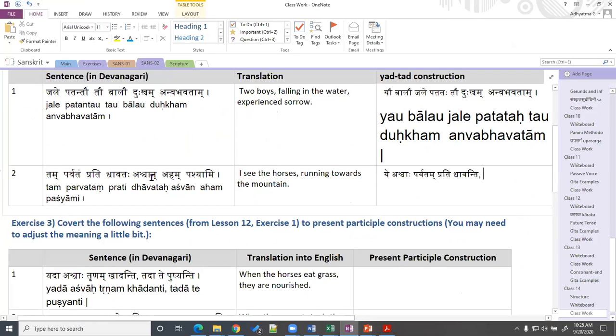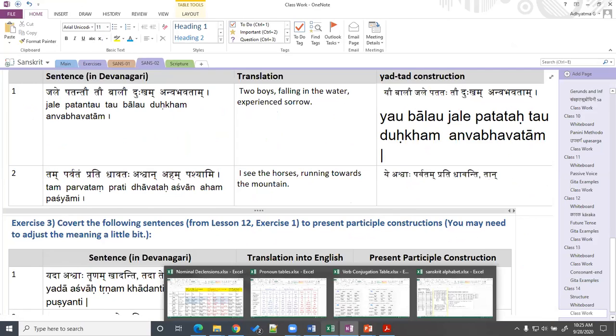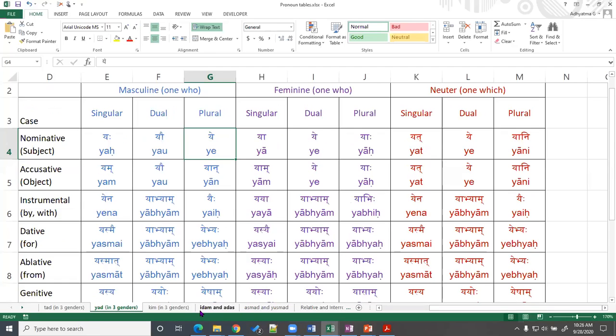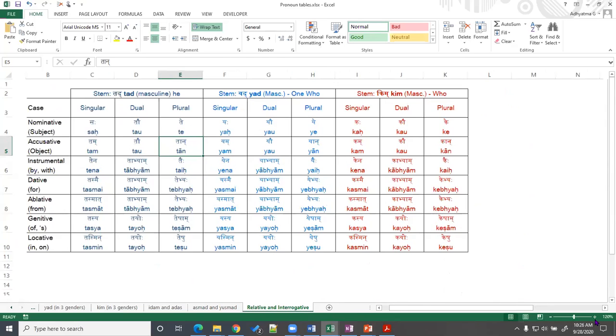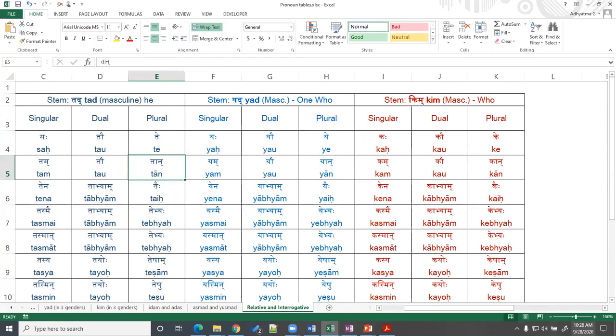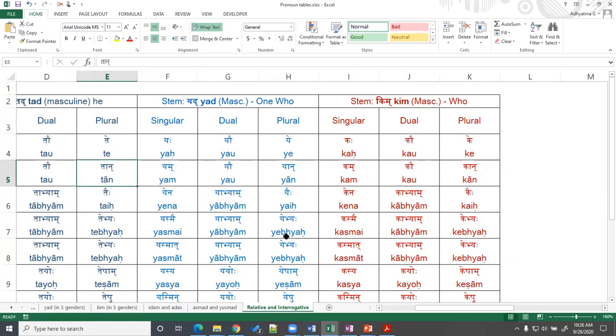Now ashwan will become tan, because I'm referring to them with tat: sa, tau, te, tam, tau, tan. So tan is the second case plural.